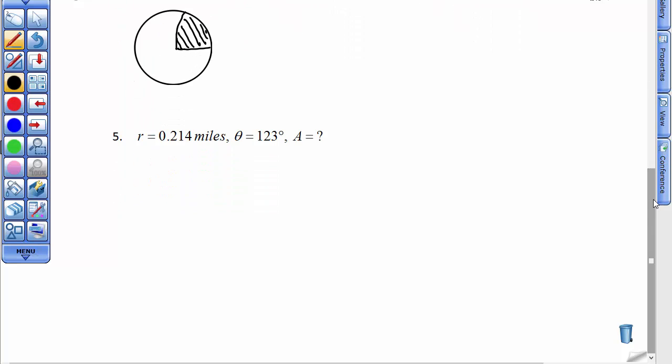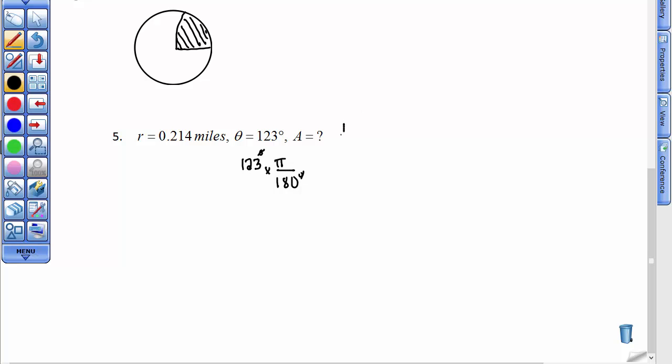The next problem, the 123 degrees has to be converted into radians. So the 123 has to be multiplied by pi over 180. Remember, the reason for that is these are in degrees, and so the degree symbols will cancel out. I can tell you that that's about 2.